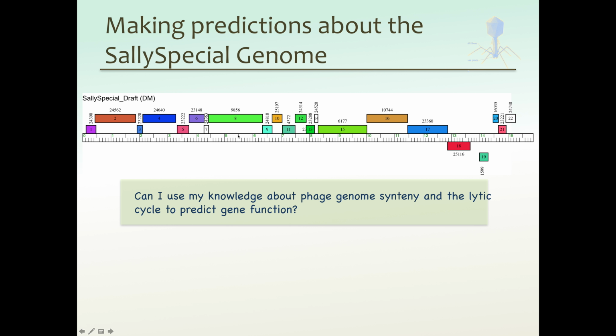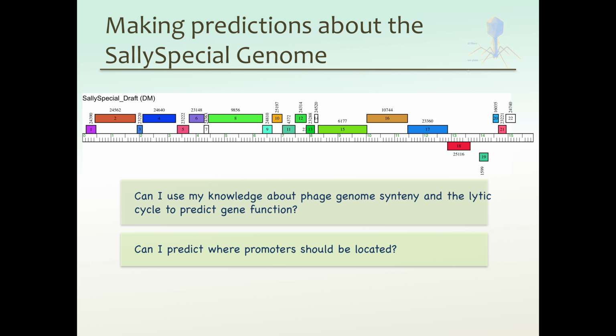In this genome here, I don't have the functions of these genes presented because I don't want to give that away to the folks that are annotating Sally Special. But because I know something about the order in which structural genes occur on most phage genomes, I can make some pretty good predictions about what the functions of these genes are. That's going to really help me make decisions as I look at data for analyzing functions of genes.